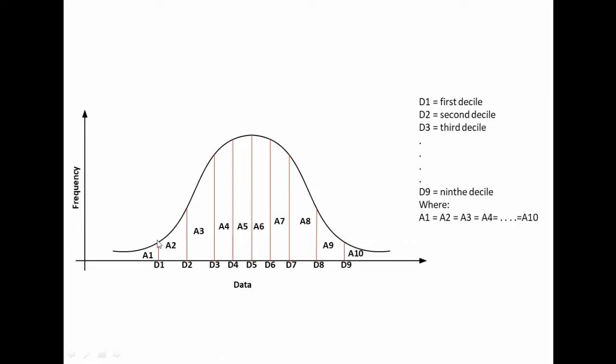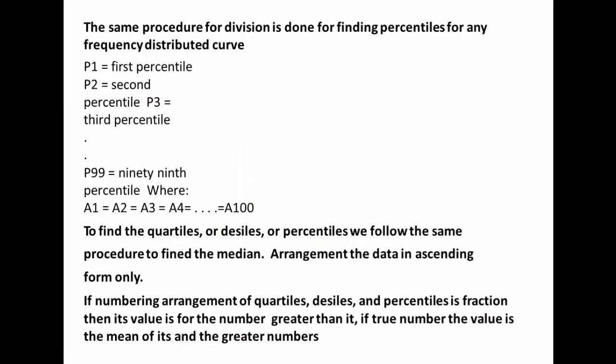The value at this position is called D1, and this is the first area of the distributed data. You see over here, these 9 values D1, D2, D3, D4, D5 up to D9 divide the data into 10 equal areas.